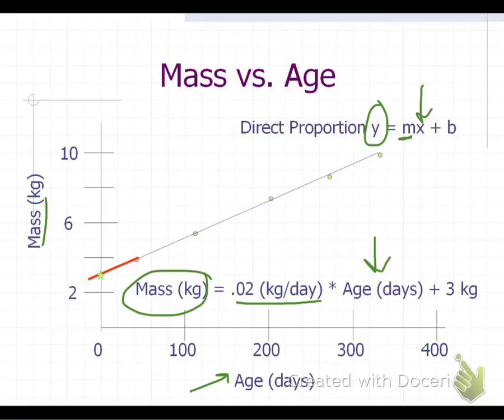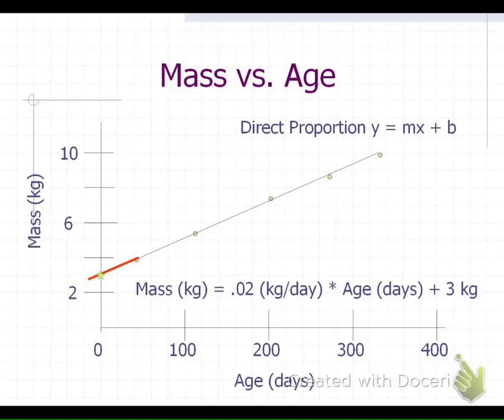For x, we look on the x-axis, it's the variable of age, and now we copy the y-intercept that we read directly from the graph, including the units that go with y. So our final equation would be, for this line, mass equals 0.02 kilograms per day times age plus 3 kilograms.